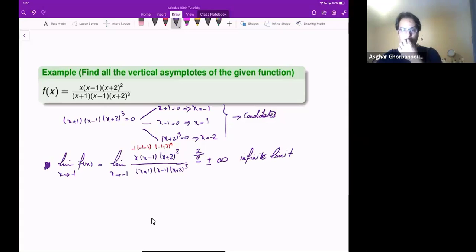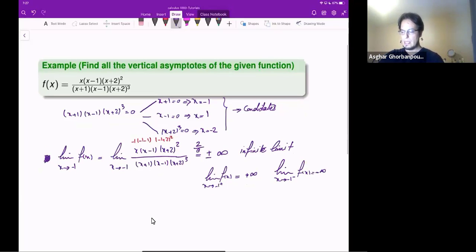And if you want to do it more carefully, when x approaches negative 1 plus, this will be plus infinity, and for x approaching negative 1 minus, this will be minus infinity.